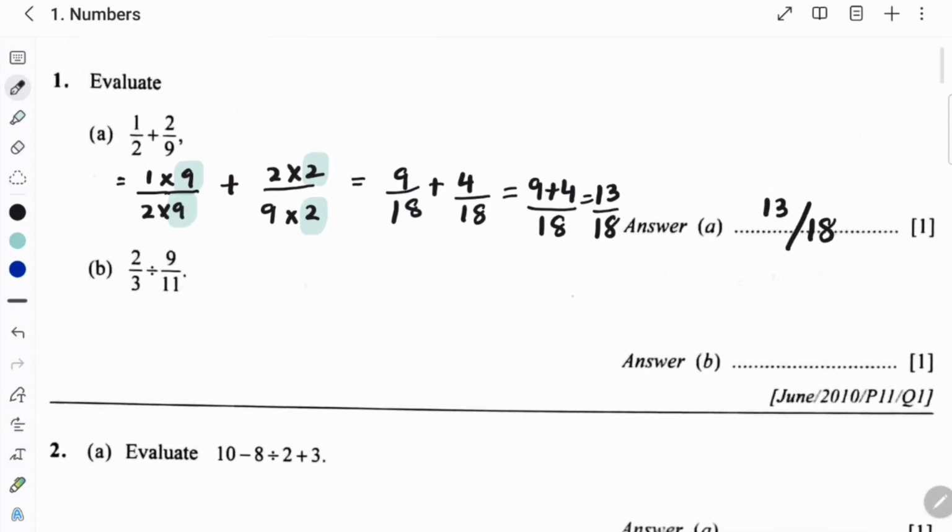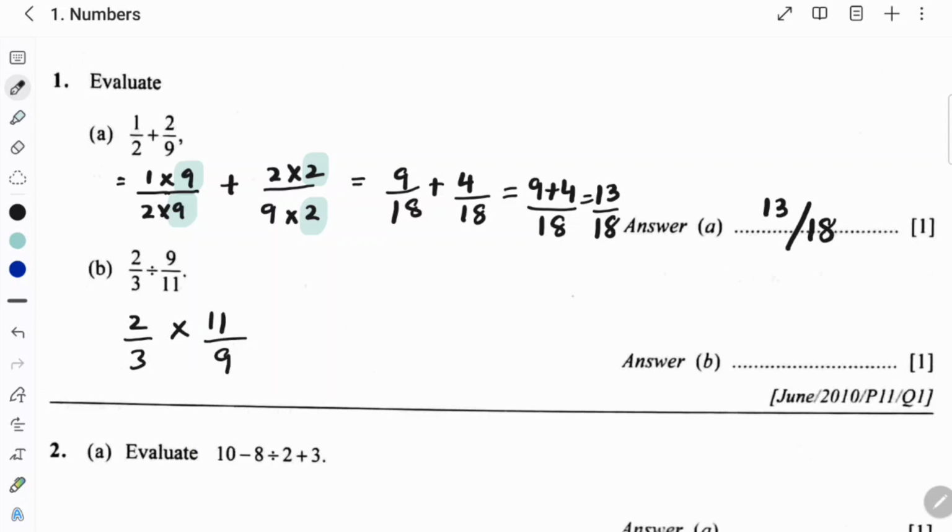Alright. After that, this is the division question. In the division question, this is 2 over 3, and then division turns into multiplication. You just reciprocate the fraction which is coming after the division sign, so that is 11 over 9.